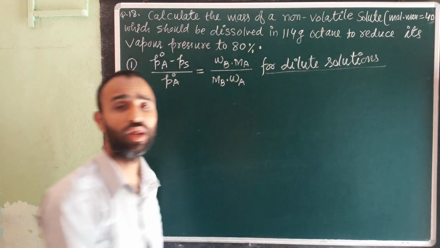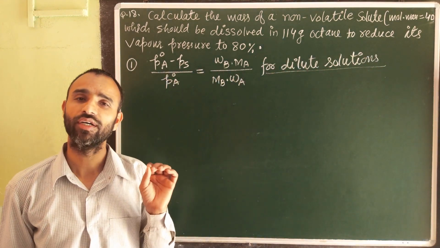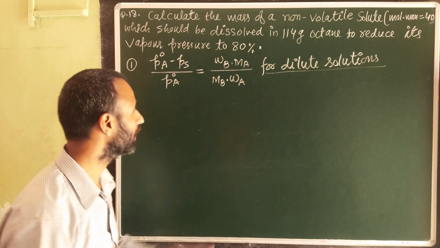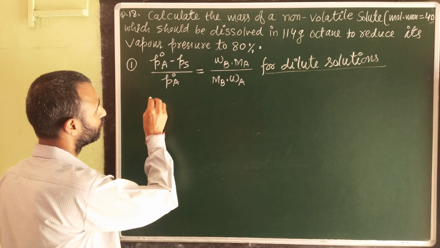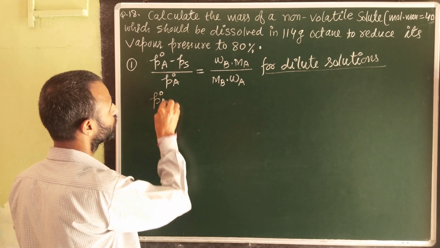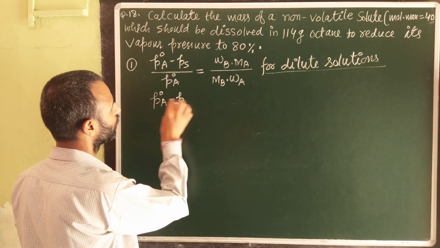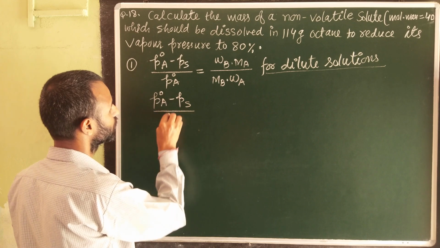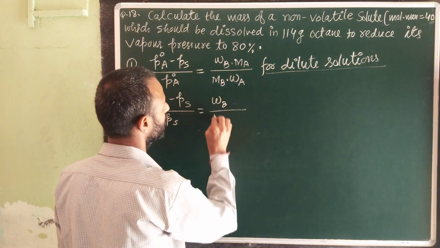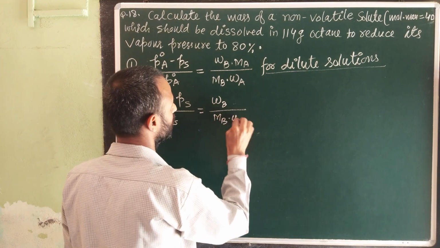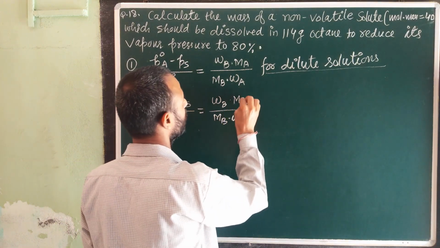It is applicable only when solutions are dilute. If we want to apply the formula for all types of solutions, then it becomes (P naught A minus PS) over PS equal to (WB by MB) into (MA by WA).